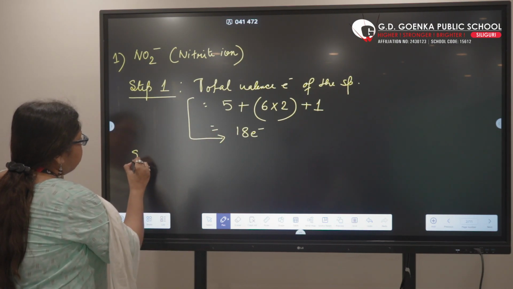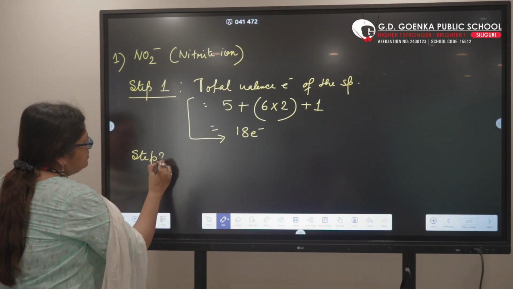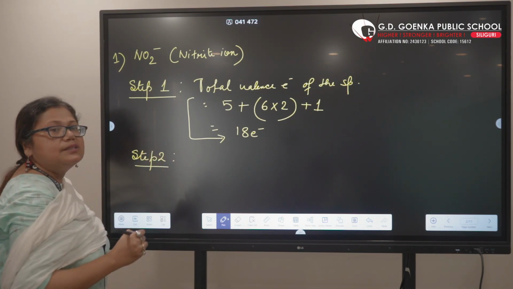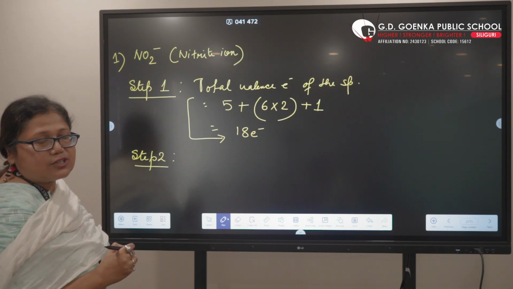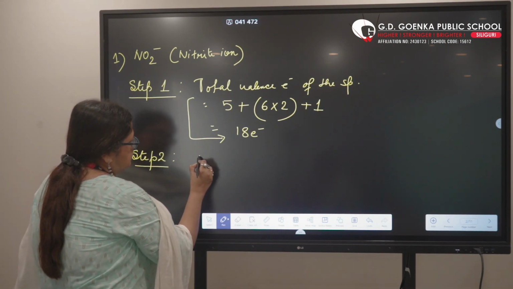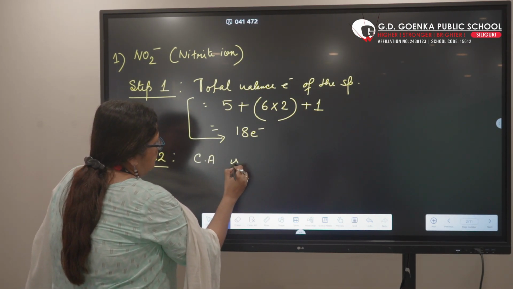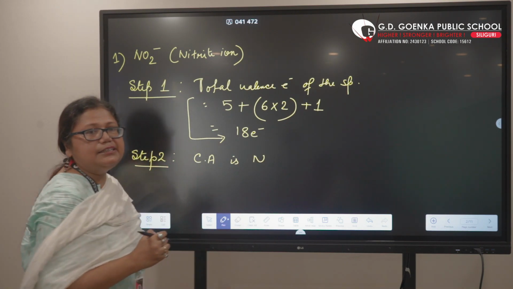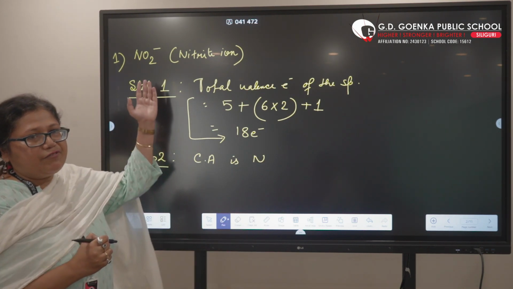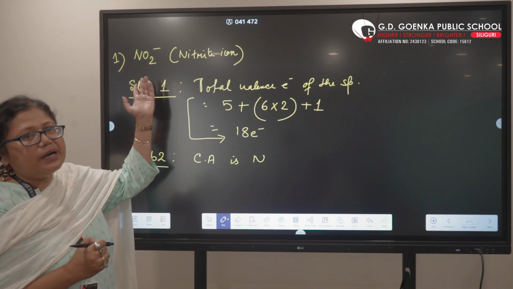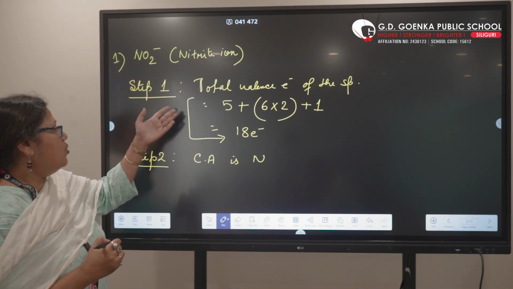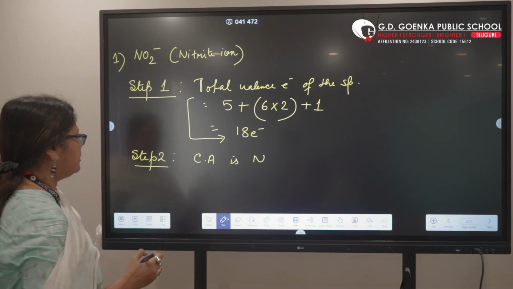Now next is step 2. Step 2 was what? Choose the central atom. So according to the structure, our central atom is nitrogen, right? Because we can definitely say that nitrogen is least in number, and over here nitrogen is taken as the central atom.